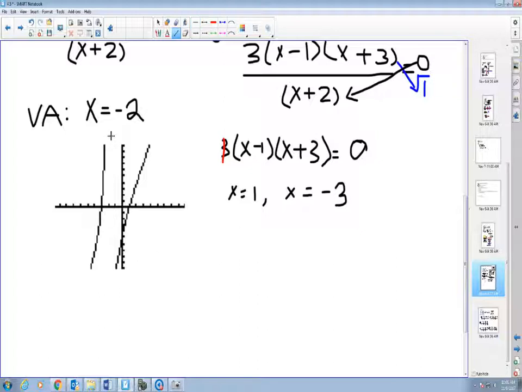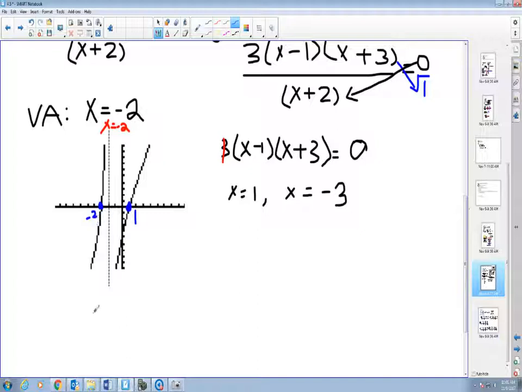So there's a vertical line right here. That's x equals negative 2. Alright, I have an x-intercept at 1. This is 1. And another one at x equals negative 3. These are the only 2 x-intercepts I have.